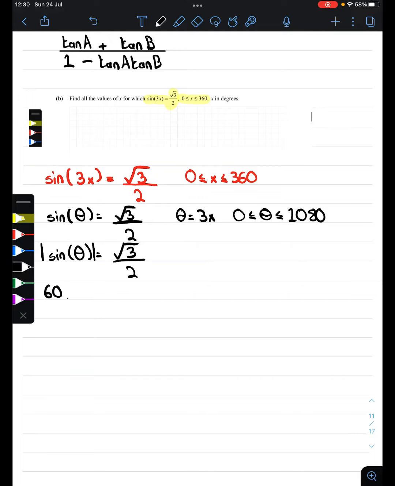So for 60, 180 minus 60, 180 plus 60, and then 360 minus 60.